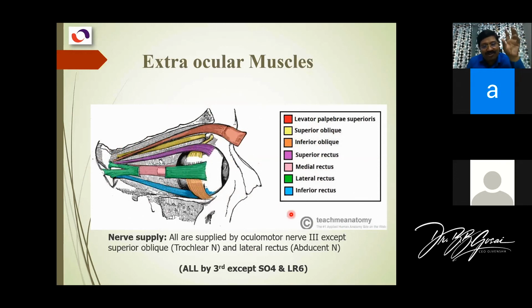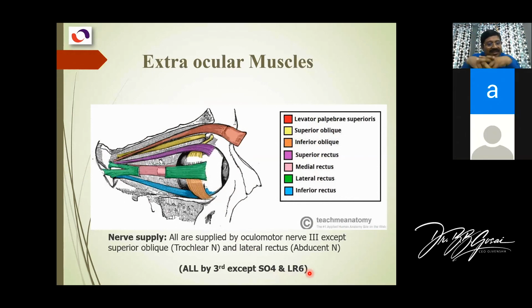At least I want you to know the nerve supply of all these muscles. It's simple. All by the oculomotor nerve, that is third, except superior oblique, SO4, 4 is trochlear, and LR, lateral rectus, by 6th. 6th is abducent. So all the extraocular muscles are supplied by the third cranial nerve, oculomotor, except SO4, LR6.